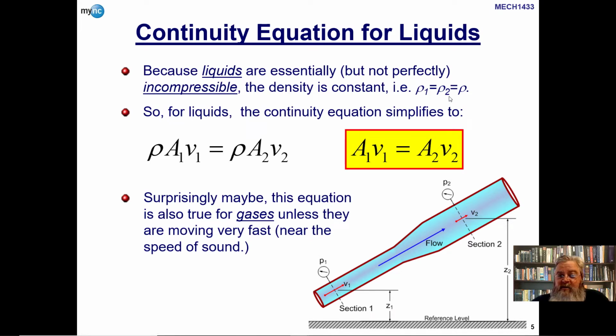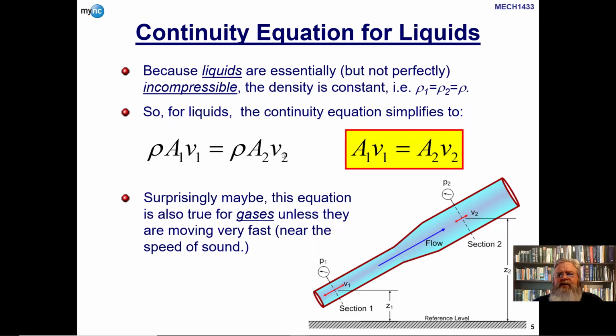Because you might think that, well, here's the thing about gases. Gases absolutely are compressible. So you'd think this would only be applicable to liquids, where we could cancel out this density from this equation. But in fact, you can do it with gases as well. As long as the flow rate of gas is not crazy fast, you can treat gas flows as incompressible as well.